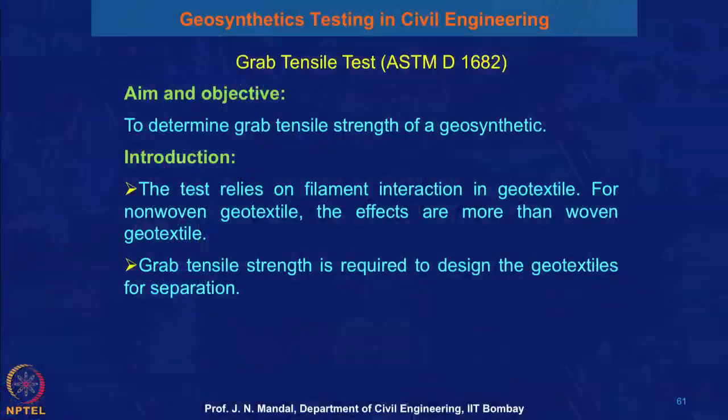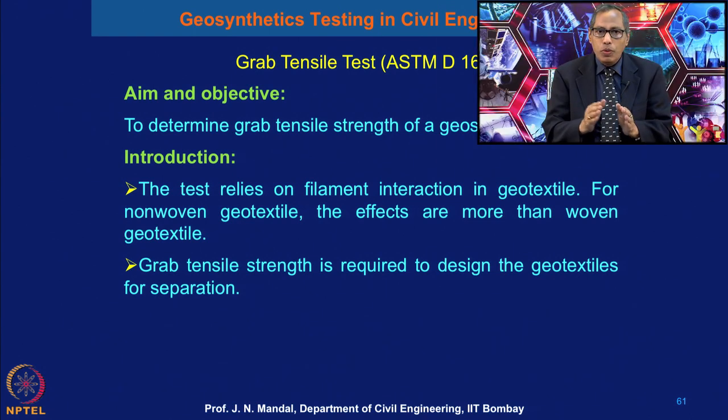Now, I will discuss the grab tensile test. The grab tensile test is performed as per ASTM D1682. The main objective of this test is to determine the grab tensile strength of geosynthetic material.